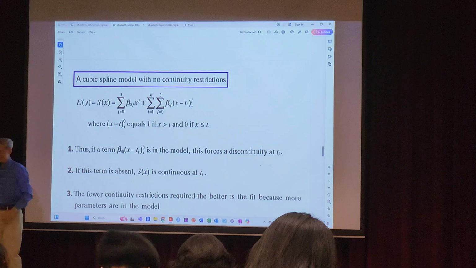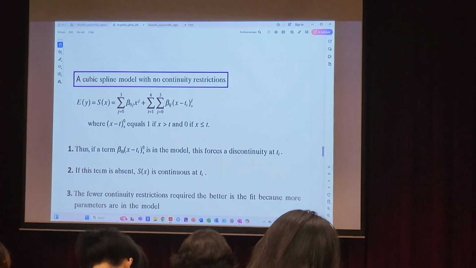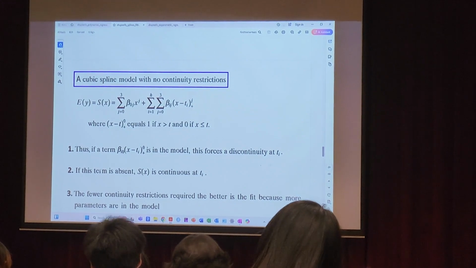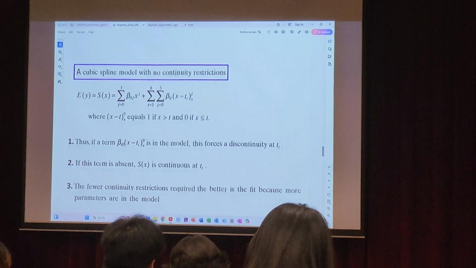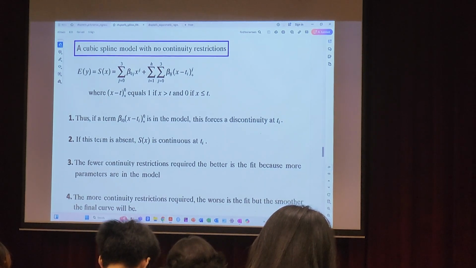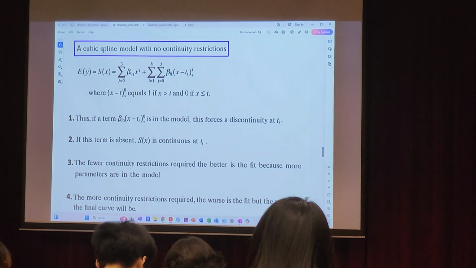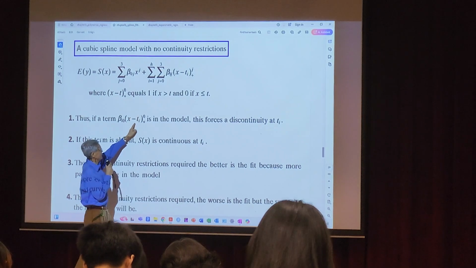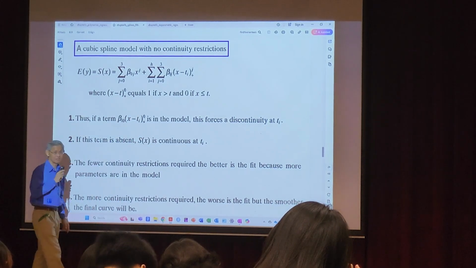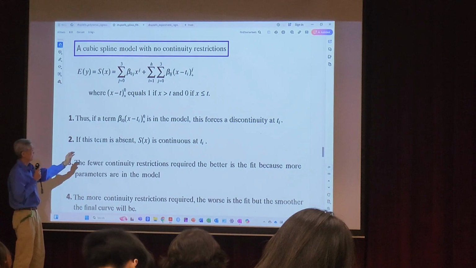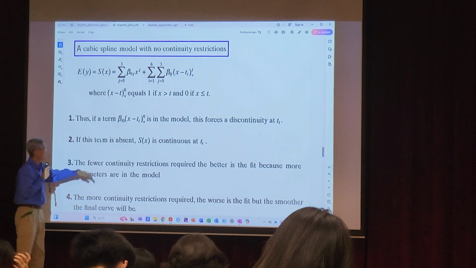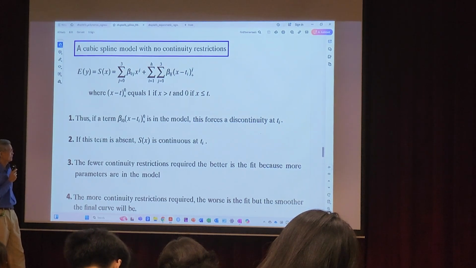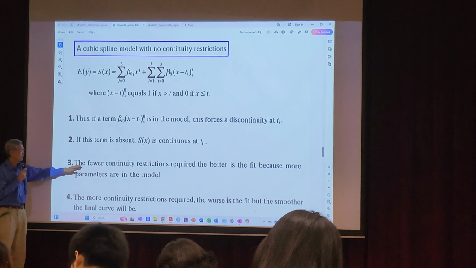If I specify this way, it will allow for discontinuity. In fact, this term here, beta i0 times x minus ti to the power 0, from the part that I added, forces a discontinuity at ti, at the knot. If this term is absent, then the model is continuous at ti.